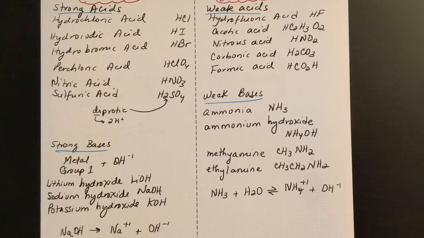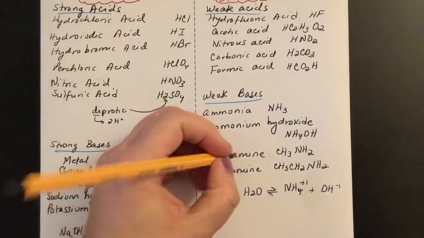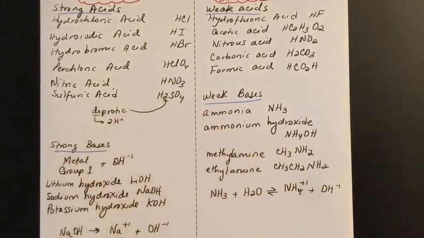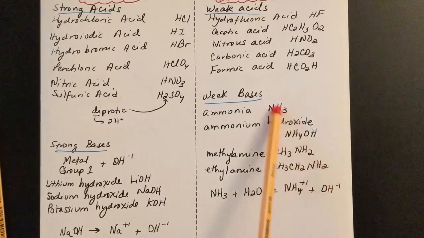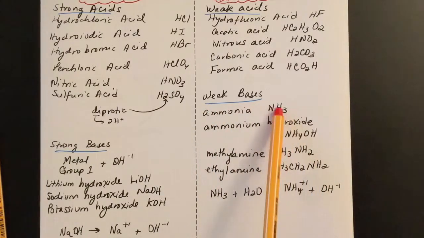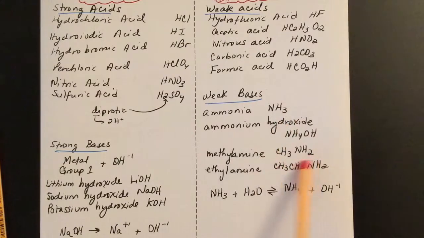So we have methylamine, ethylamine. Those are also weak bases. They're derivatives of ammonia because one of those hydrogens is replaced with something containing carbon.